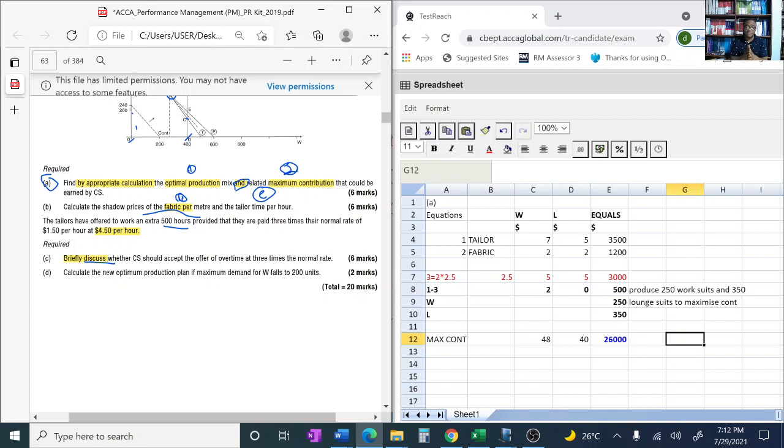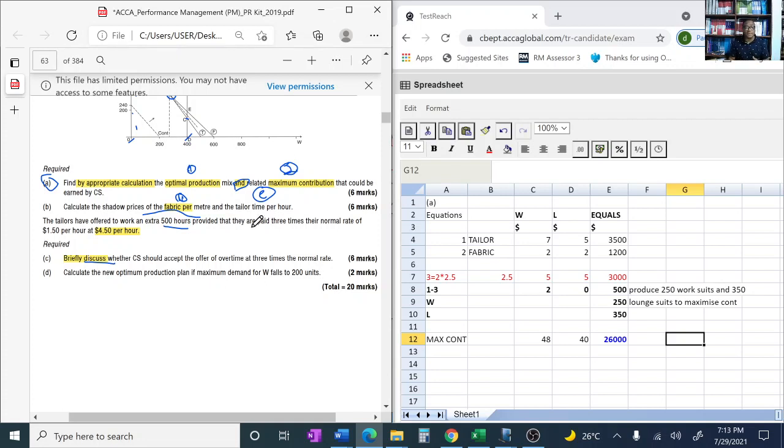So what we could do is assume there is one extra unit of tailor's time hour, and then we finish that, and then we come and work out the extra unit of square meter of fabric.